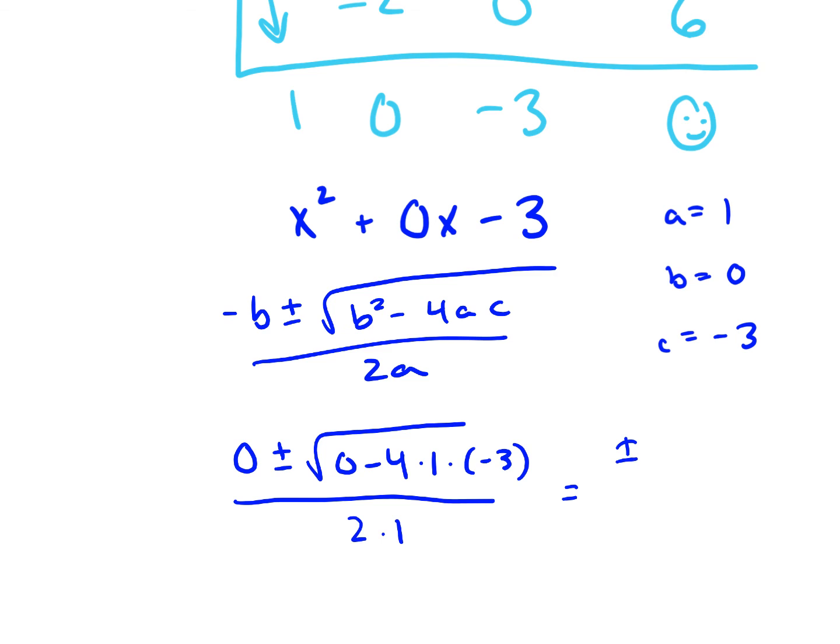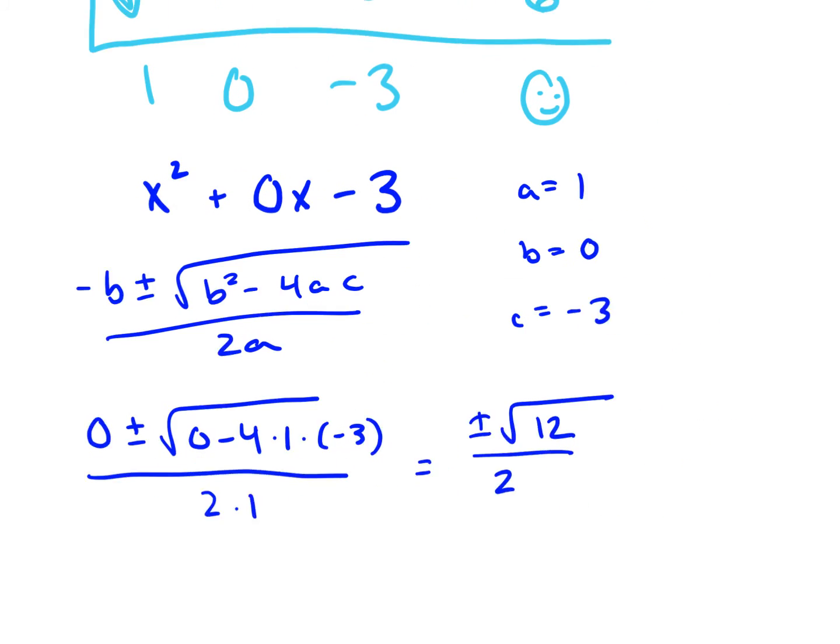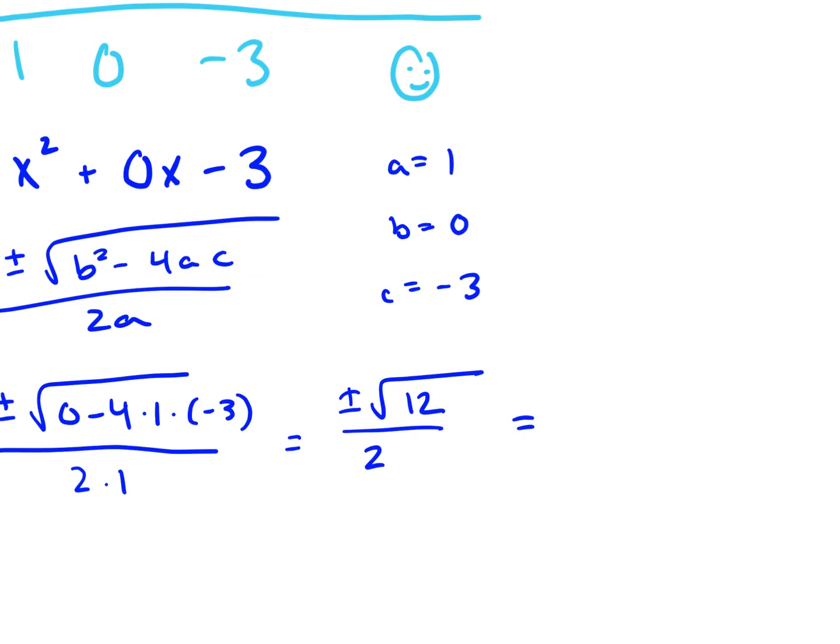So this would be plus or minus square root of 12 over 2 times 1, which is 2. I can simplify this. Square root of 12 simplifies. What are my factors of 12? 3 and 4.